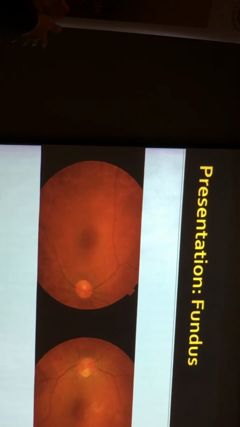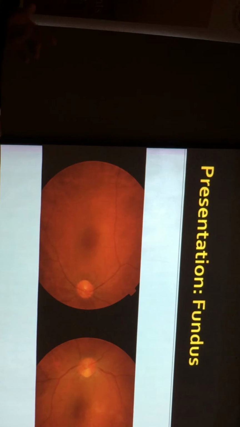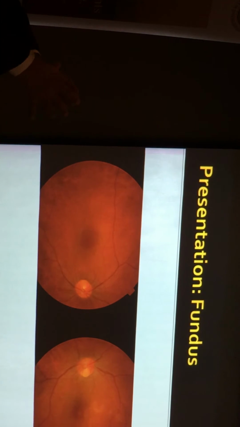Then the important thing is, he gave history of rash on the palms and the feet, and also erythema migrans. Now when you put them together with a picture where you see multifocal retinitis lesions and a little bit of vitritis, the differential diagnosis is just two entities we will think.